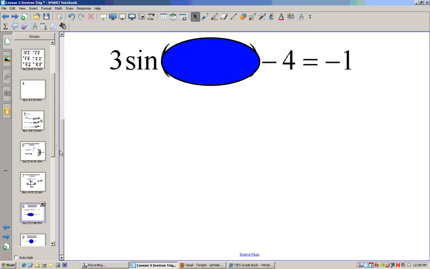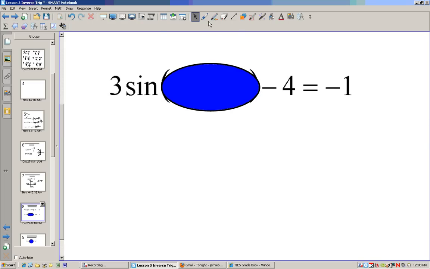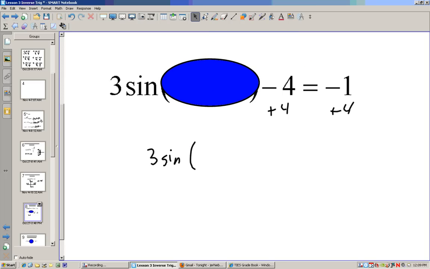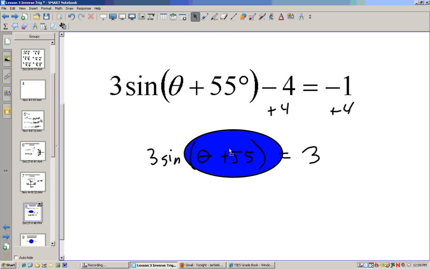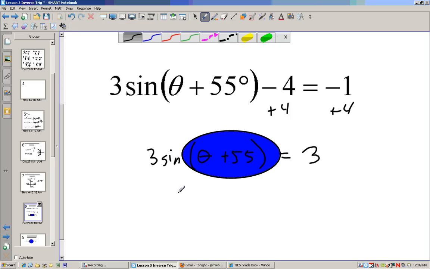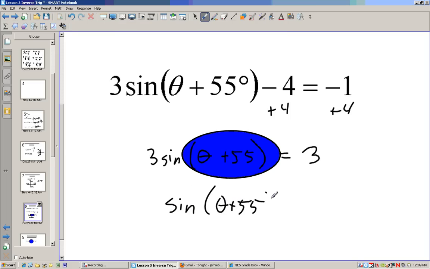So let's solve this like we would yesterday. And first I would add 4. So I'd have 3 sine of theta plus 55 equals 3. And so that moves there. So now I would divide by 3 on both sides. So I'd have sine of theta plus 55 is equal to 1.